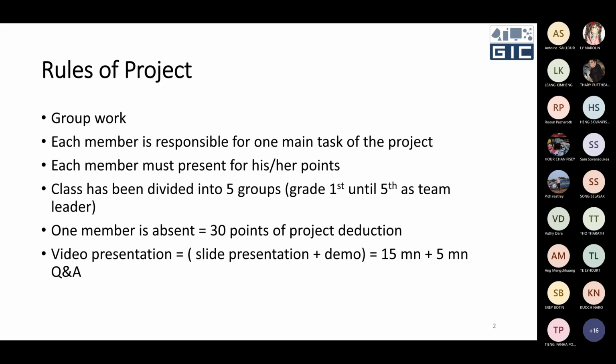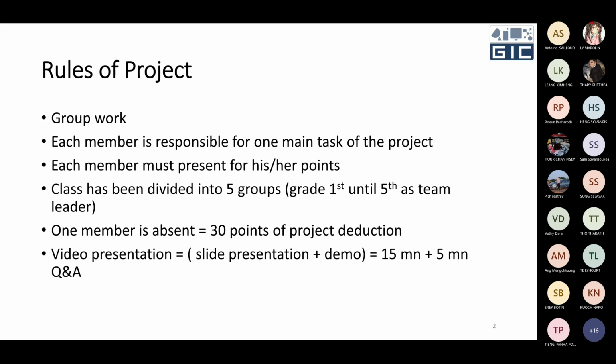This is one of the rule constraints in our project conducting. Each member must present his or her point. So if you defend your project online, each member has to present their point. Not only one person presenting everything. No, each person presents their point.